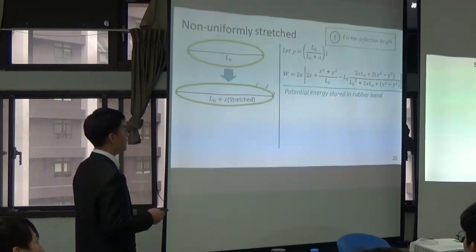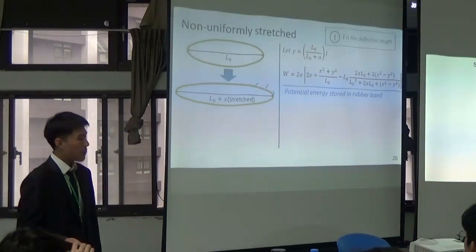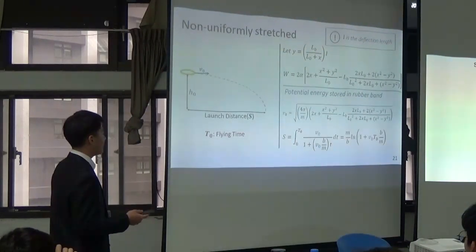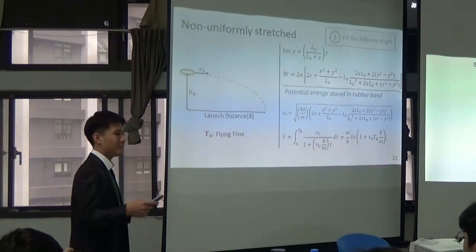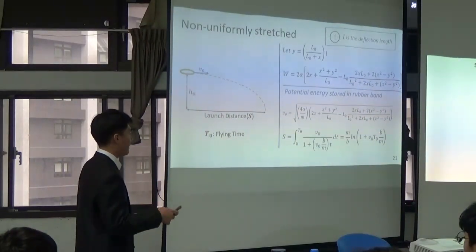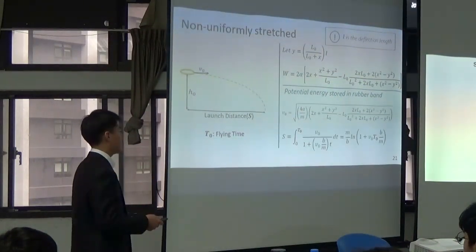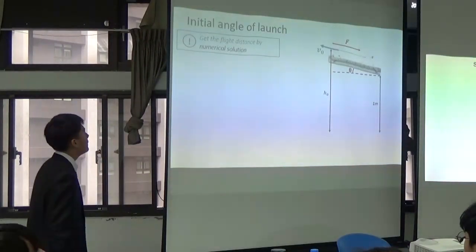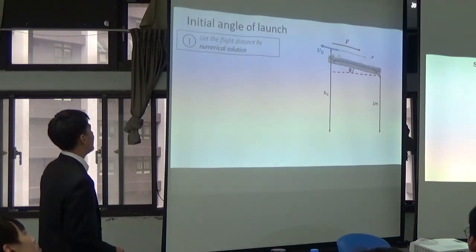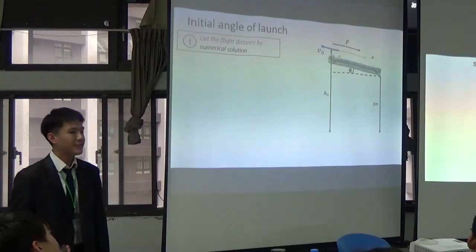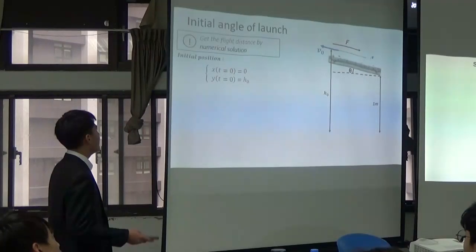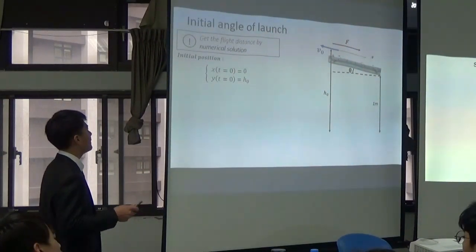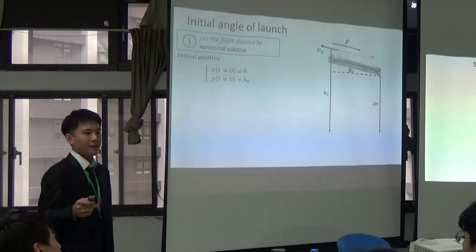So this is the potential energy stored in the rubber band, and after that, we can calculate the velocity following the same procedure as before, and then we can integrate it into the distance of the rubber band, and also the initial angle of launch. And we can get the flight distance by numerical solution. So firstly, we have to define the initial positions of the coordinates.